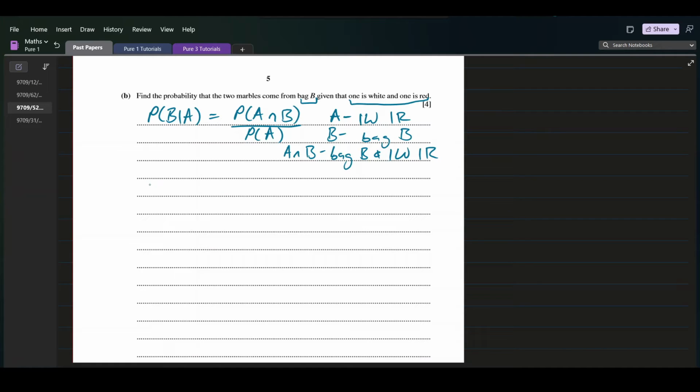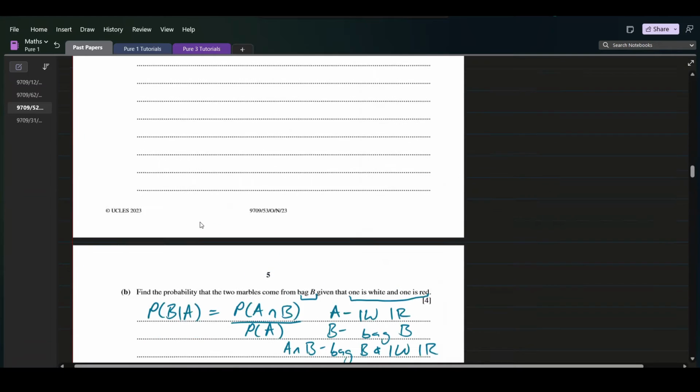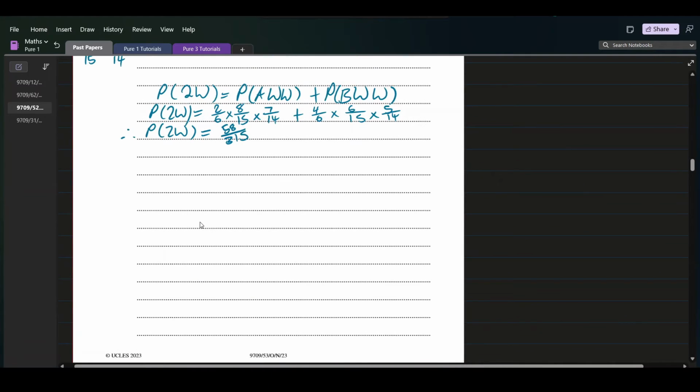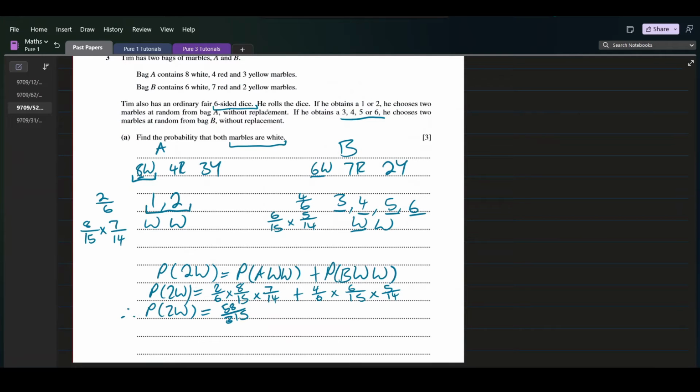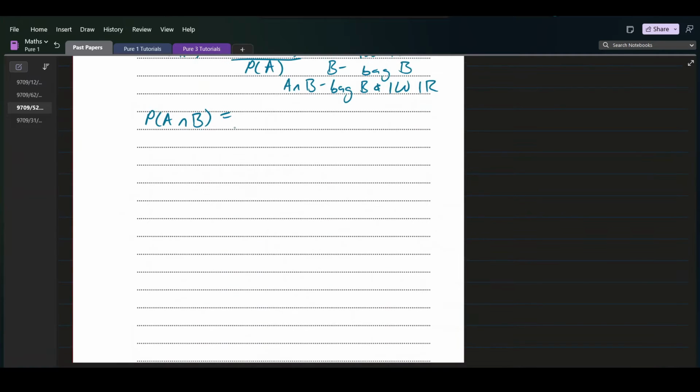So we need to find the probability of A intersection B, which is the probability of picking bag B. We evaluated that there is a 4 in 6 chance of picking bag B, and then we also have to pick 1 white and 1 red. Okay, so that's a 4 in 6 chance of picking bag B.